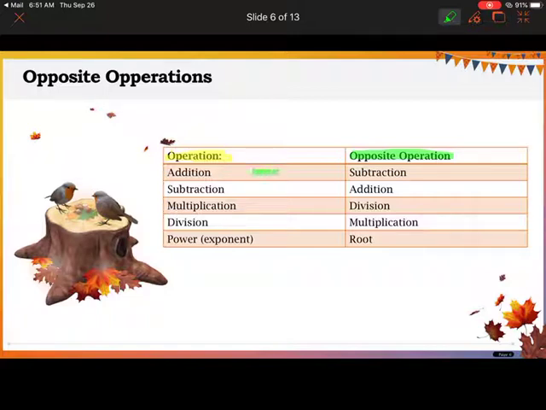The opposite operation of addition is subtraction, which means the following is true as well. For subtraction, it's addition. Here we have multiplication and division. They go together. And division and multiplication. So addition and subtraction go together, multiplication and division. They are each other's opposites.